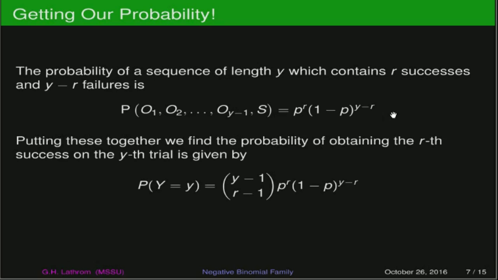We know the number of sequences that can occur, and we know the probability is the same for each sequence, so we can put these together: the probability of obtaining the rth success on the yth trial is given by (y - 1 choose r - 1) p^r (1 - p)^(y-r).